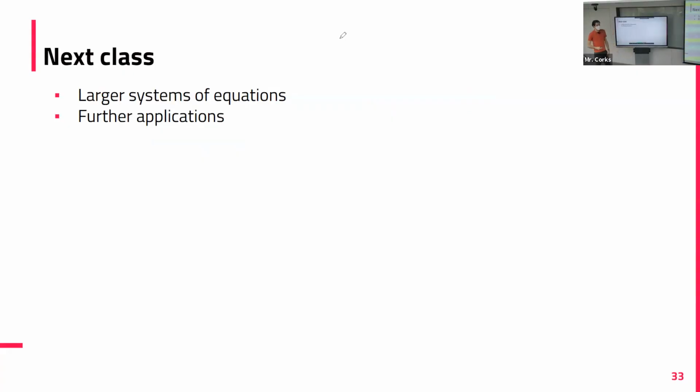Right, so next class, we'll be looking at larger systems, 3x3 systems with substitution and elimination. And we'll see that they're very annoying and they take a long time. And then that will prepare us for matrices next week. You guys know that there's a holiday coming up next week, nice long holiday.